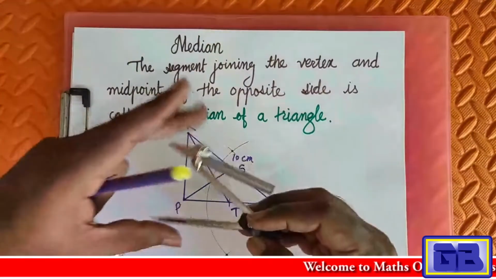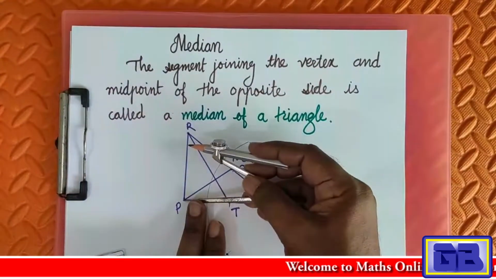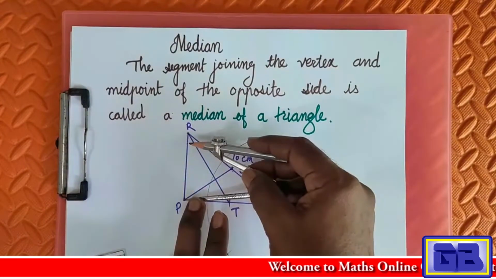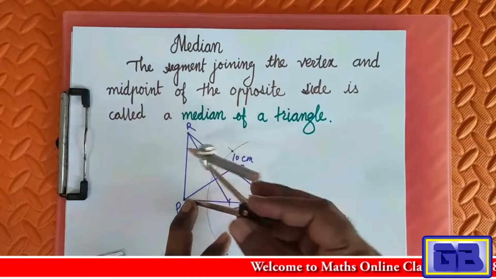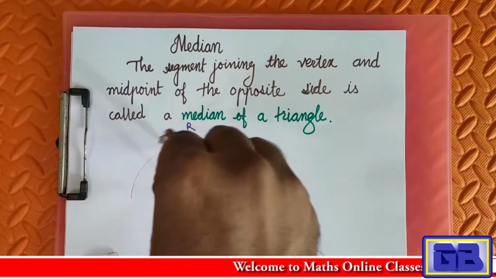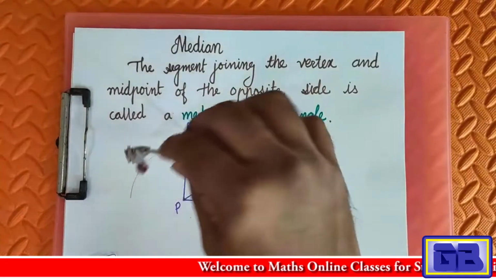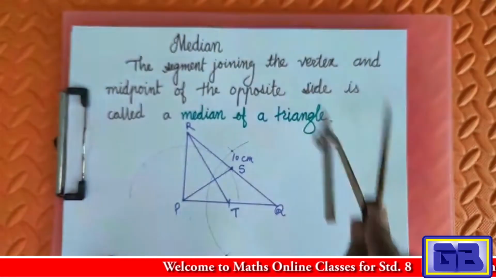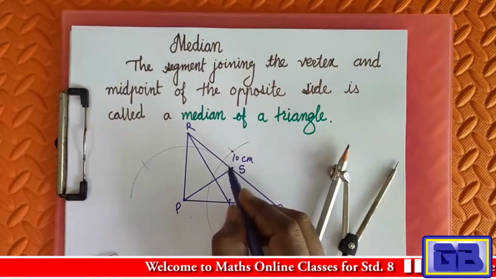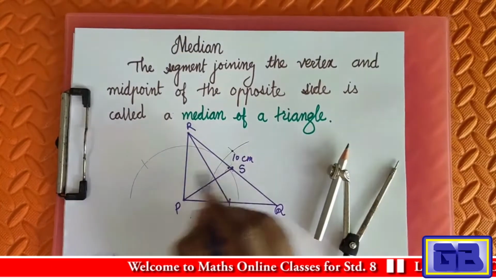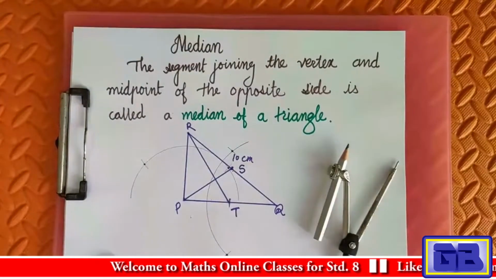And now for the third one, side PR, we will do the same perpendicular bisector. I will take more than half span. I will draw an arc like this. I will keep the pointer on point R. I will intersect here and intersect here. See it properly. We are getting one point here, another point here.